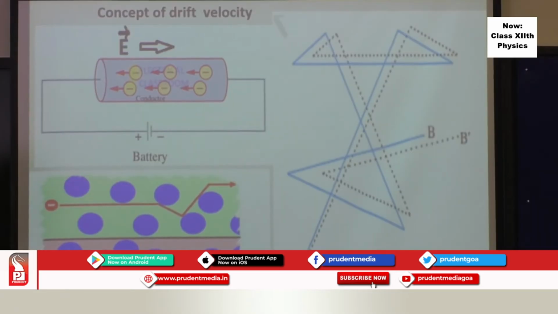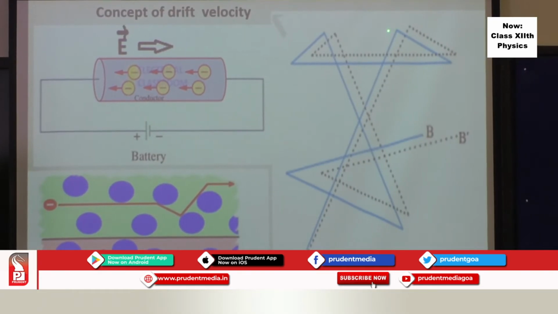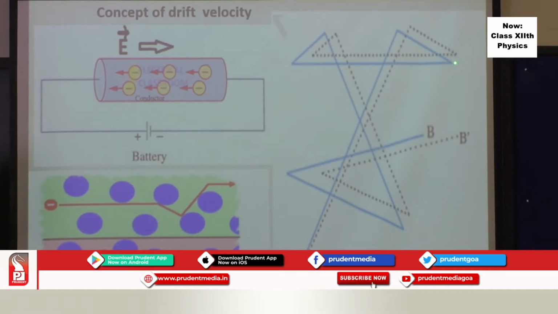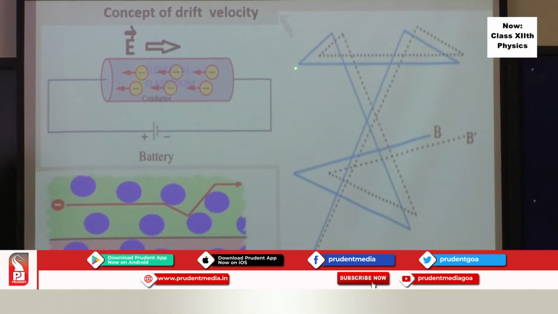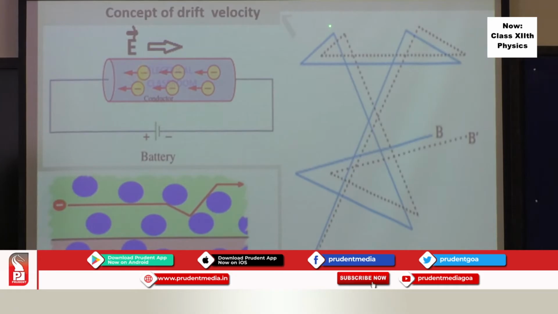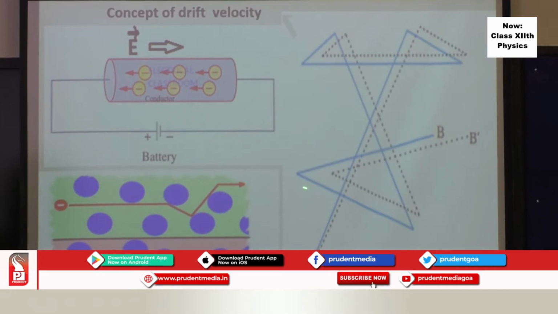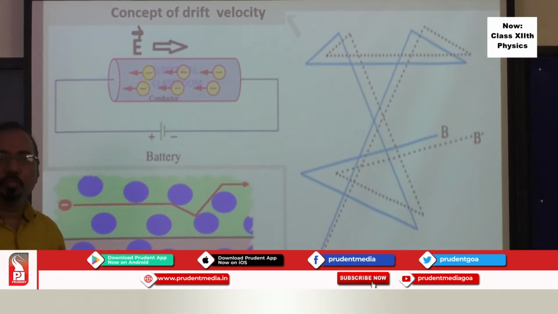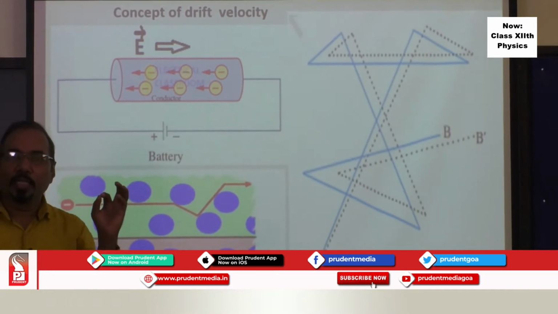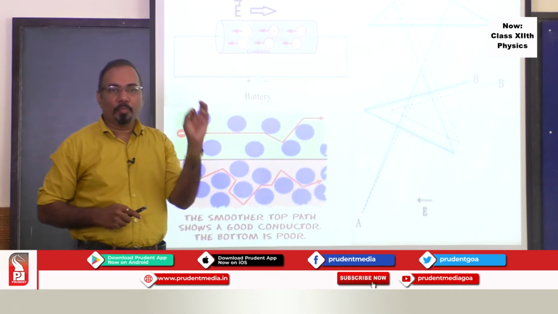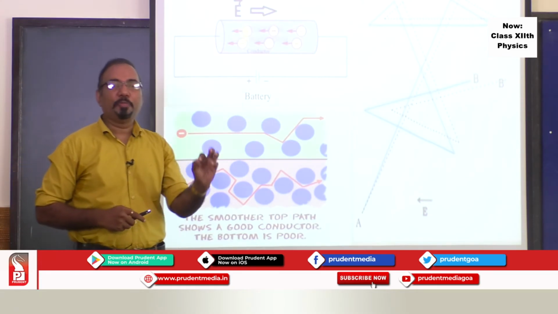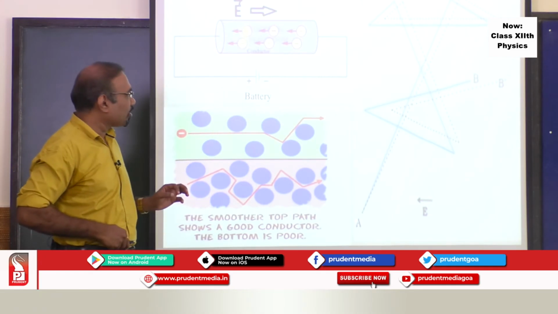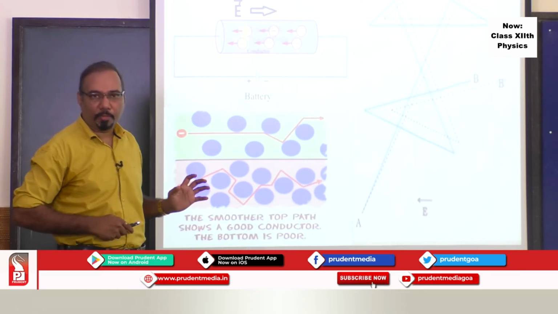So the electron travels, here there is a collision, it goes this way. Here there is a collision, it goes this way. Here there is an ion which it collides with, it comes this way, this way, this way. This blue path is the trajectory of the electron in the absence of an electric field, and the trajectory is almost straight in the absence of an electric field.